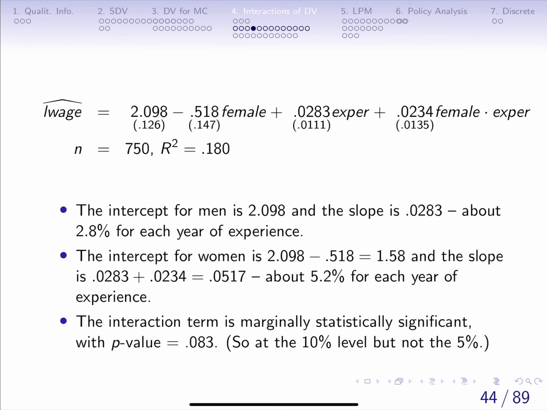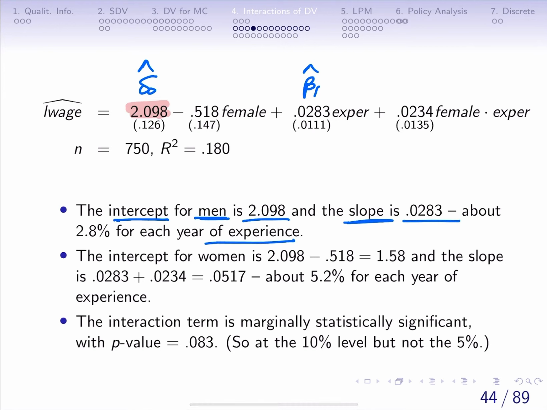The intercept is 2.098 and the slope is 0.0283. This is your beta 1 hat, and this tells you the intercept for men and the slope for men. So the return to experience for men is 2.8% per year.